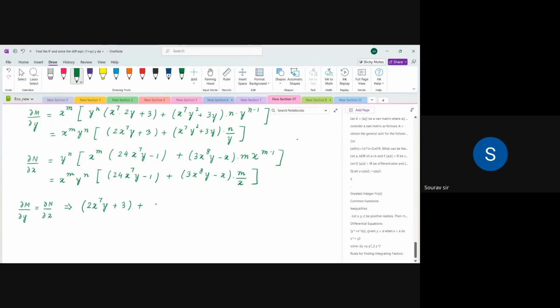Plus, if you divide it by the y, that will become x to the power 7y plus 3 is equals to 24x to the power 7y minus 1 plus, if you divide it by the x, that will become 3 times x to the power 7y minus 1.